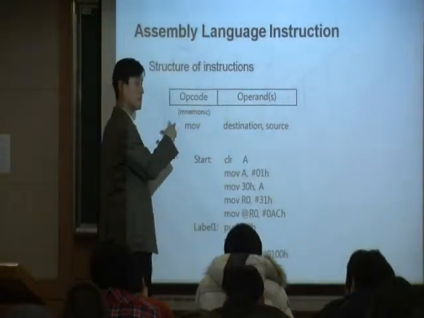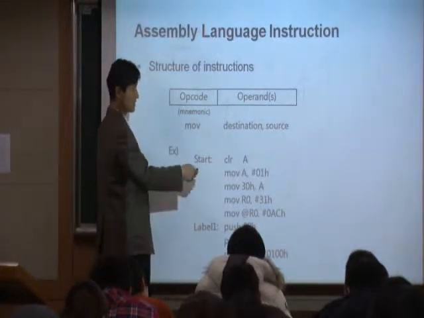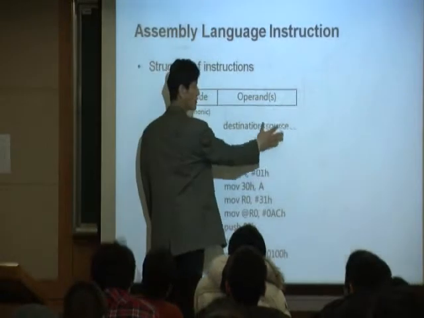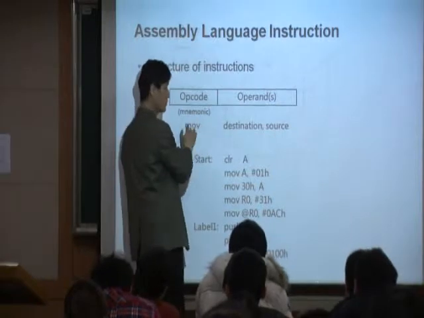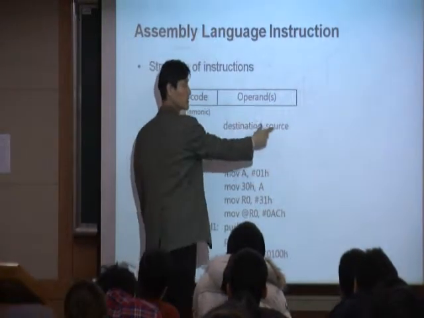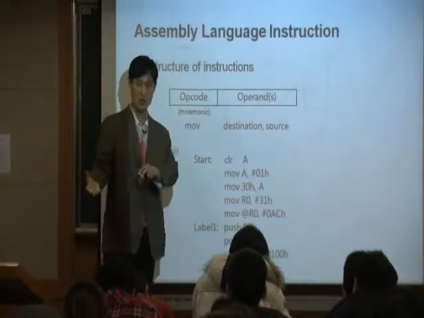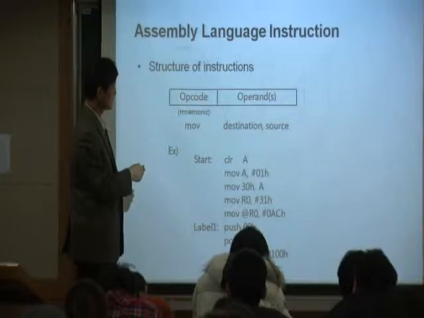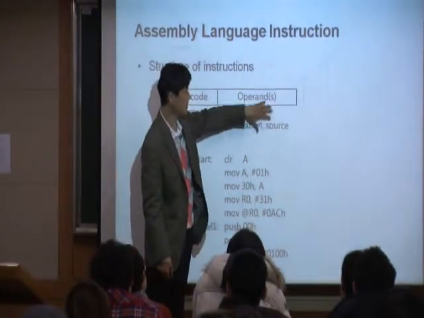The MOV instruction copies a value from one place to another. But as I said, destination comes first and then source. And these two are operands. The MOV instruction has two operands, destination and source, right? Because moving is from one to another, you need two of them. So MOV is the OP code, and destination and source are operands.